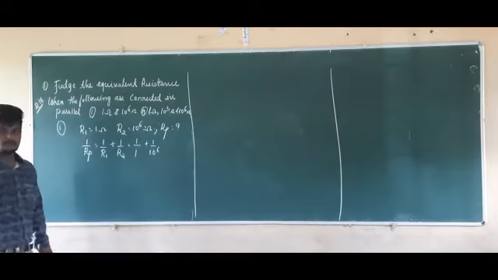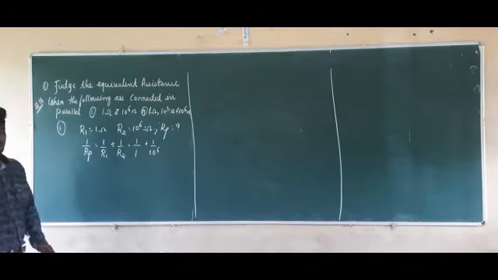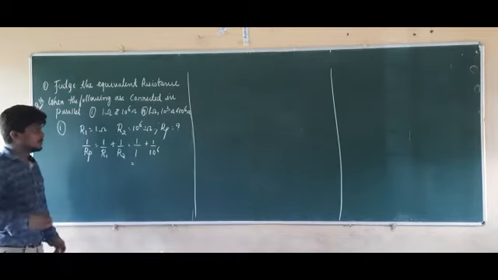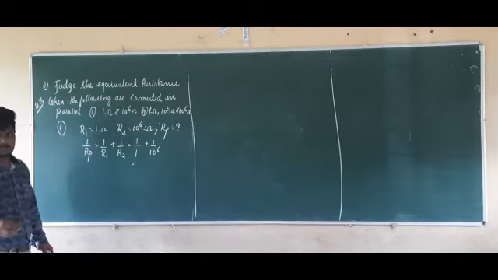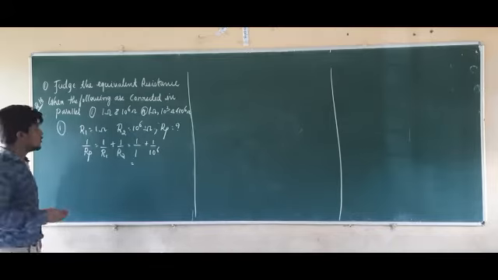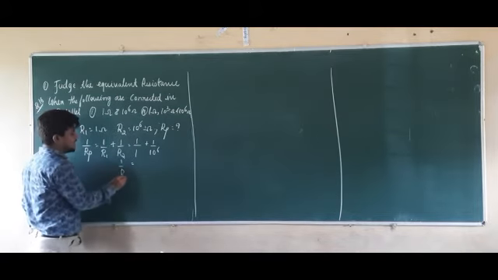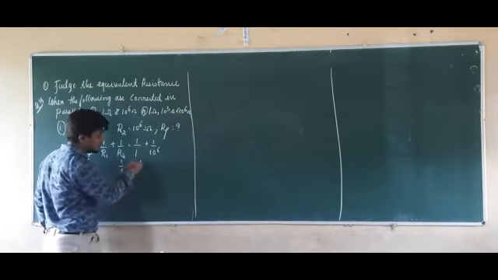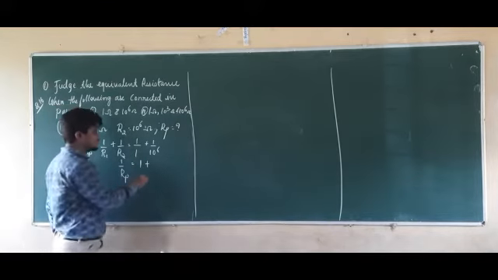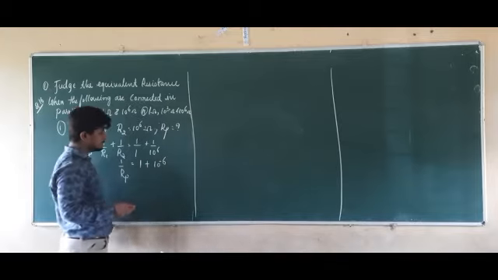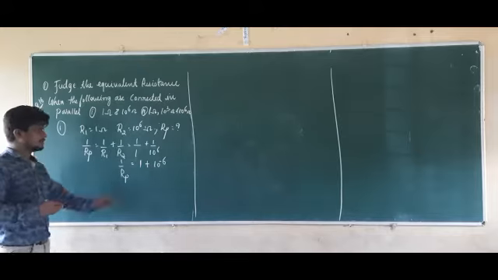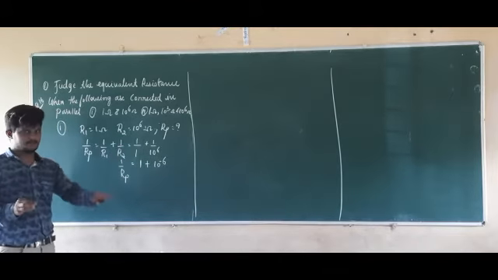Either by finding the LCM, or I am going to write it directly: 1 by 1 is 1 only, and 1 by 10 raised to 6 can be written as 10 raised to minus 6. Yes, it is possible.